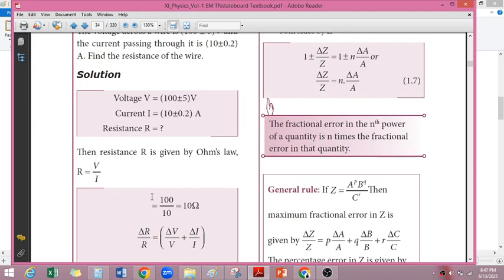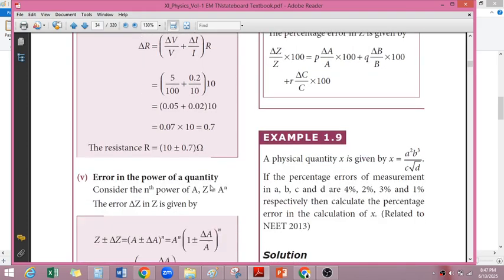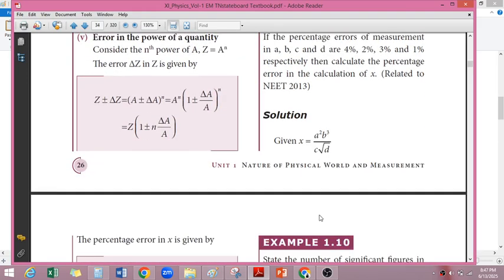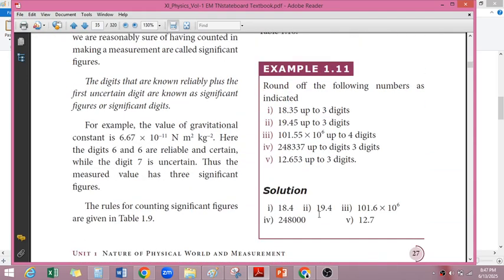If you don't do the problems, obviously you will not be able to get good score in your school also, and also in your NEET or other entrance exams. So you have to study properly with your school notes and the notes given here. Of course you have a very good book, extremely good book, so you can practice all these things very well.